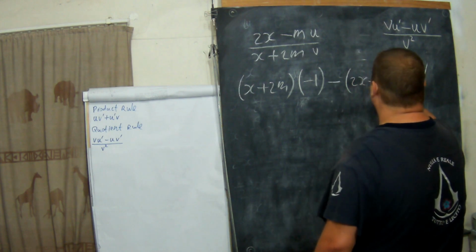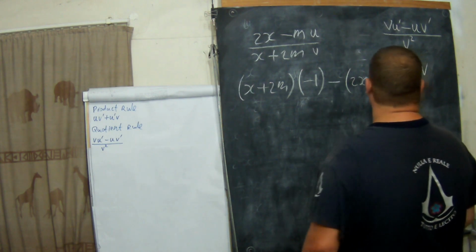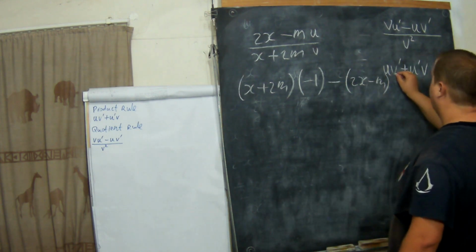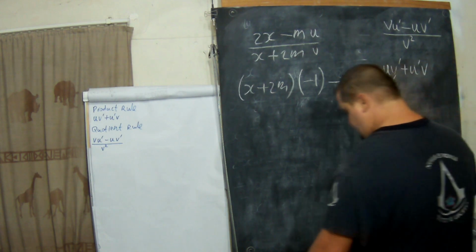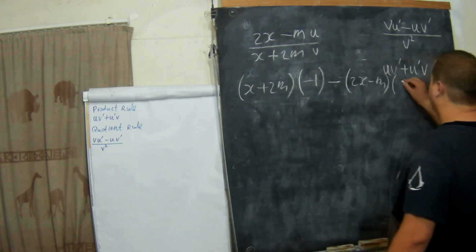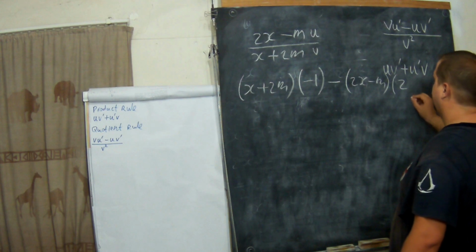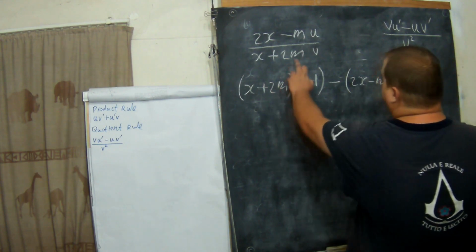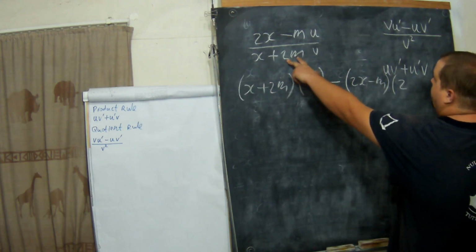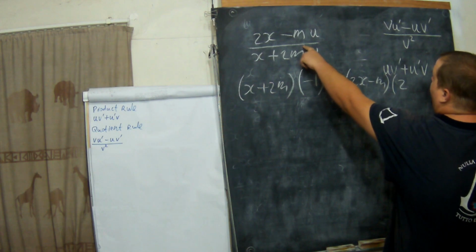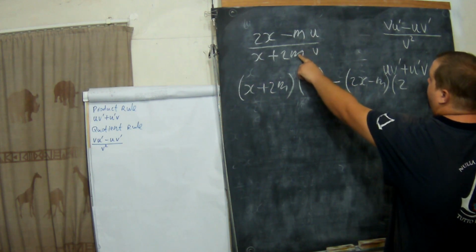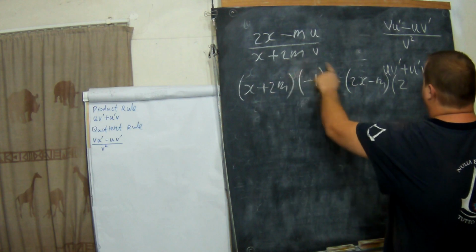So next point is minus (2x minus m) times 2. Because 2m, m to the 1 minus 1 becomes 0. So m to the 0 is equal to 1. 1 times 2 is 2.